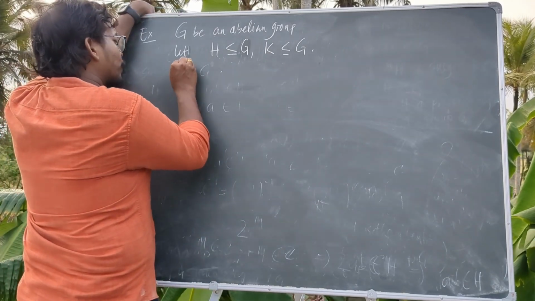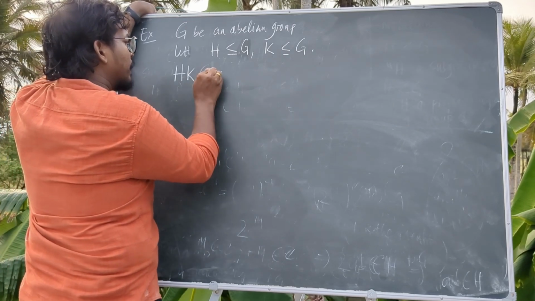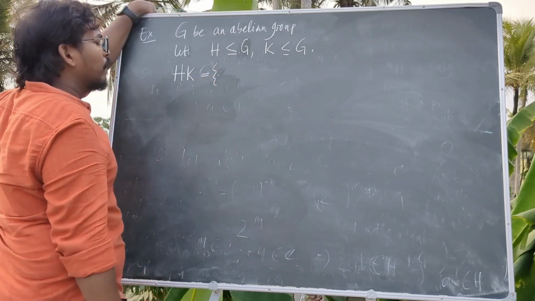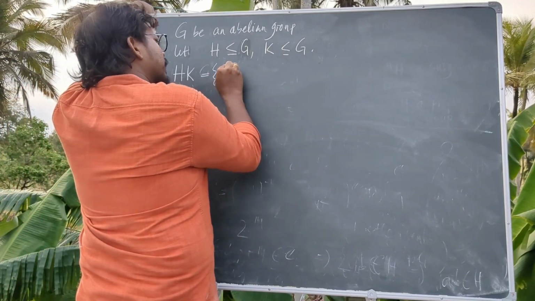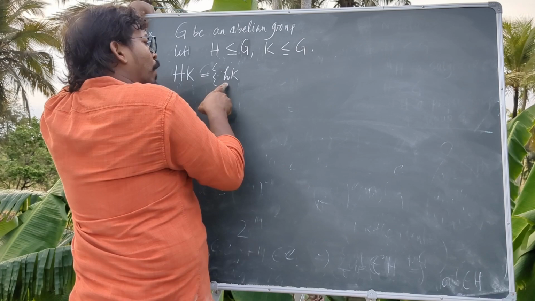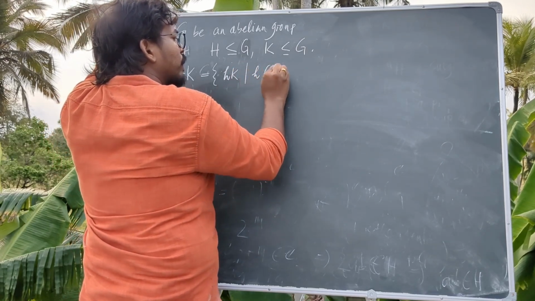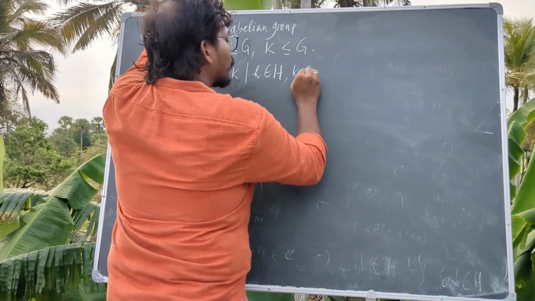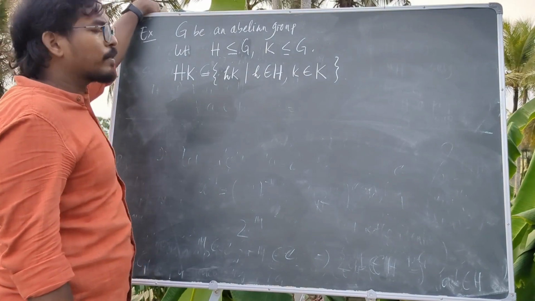We have another subset HK, which is defined as the product of small h small k, where small h belongs to the subgroup H and small k belongs to the subgroup K. This is our subset.